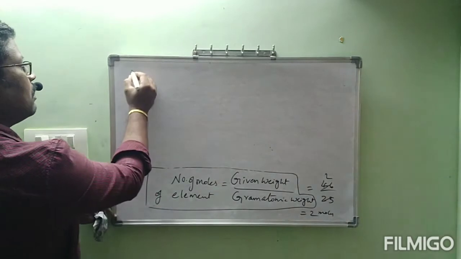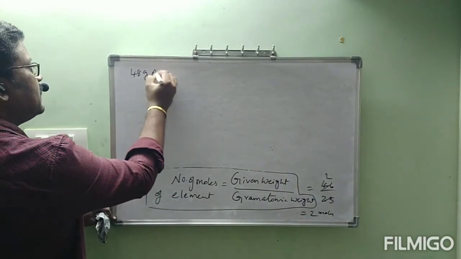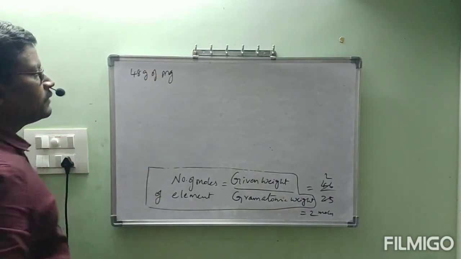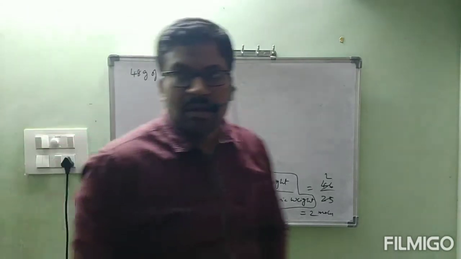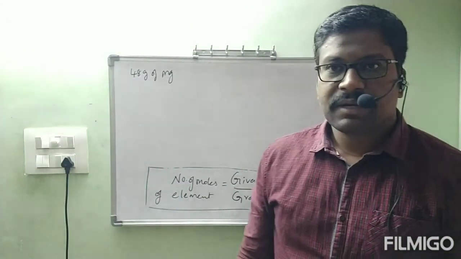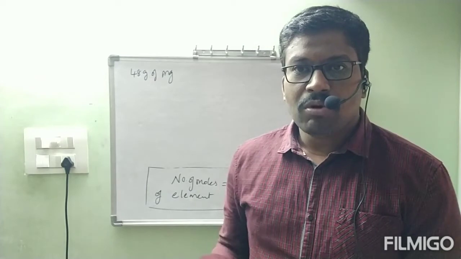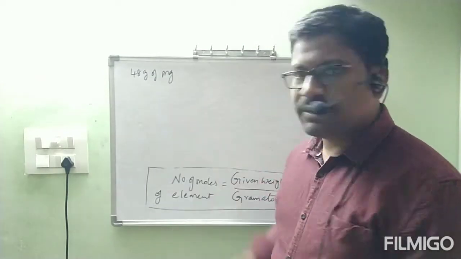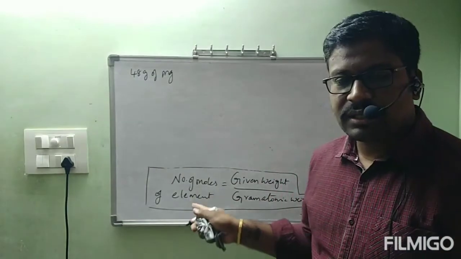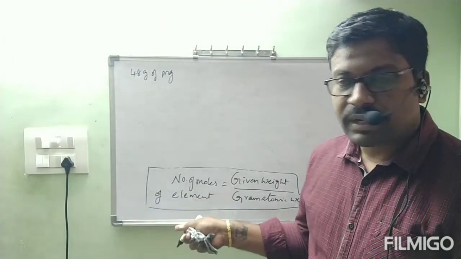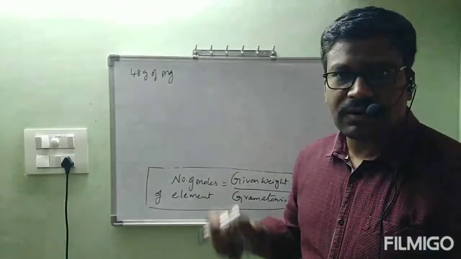See, all of you. 48 grams of magnesium. They ask a question like this: 48 grams of magnesium contains how many moles of magnesium? This is an element only, right? So we already wrote the formula for an element. Let us see how to write this.